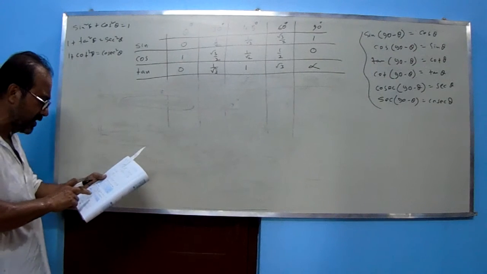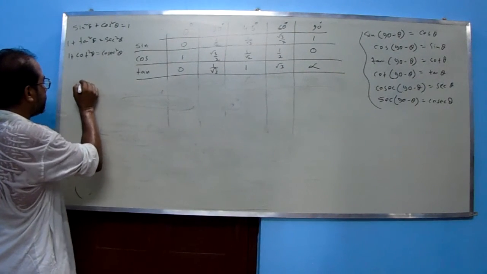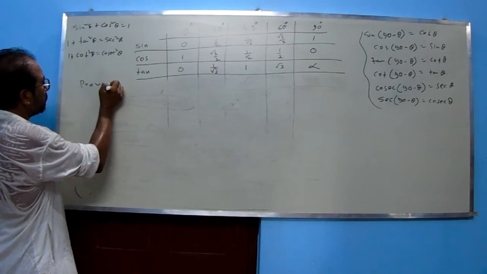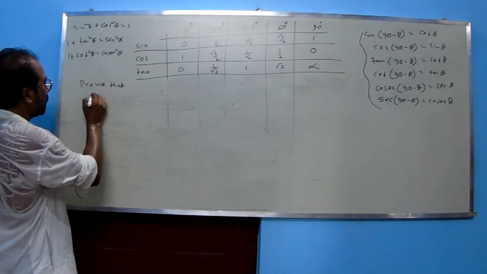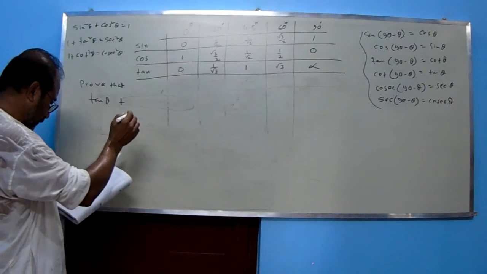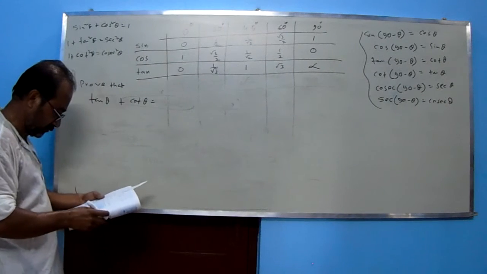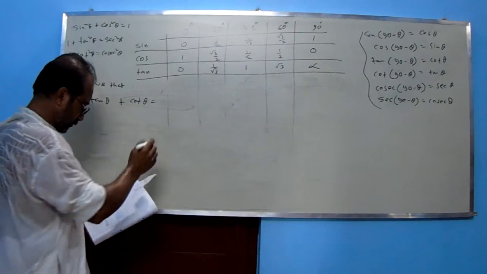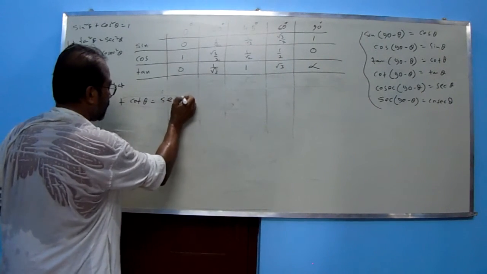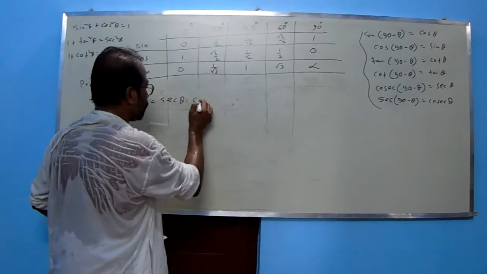Suppose it says prove the identity. What have they written? Prove that tan theta plus cot theta equal to sec theta into cosec theta.